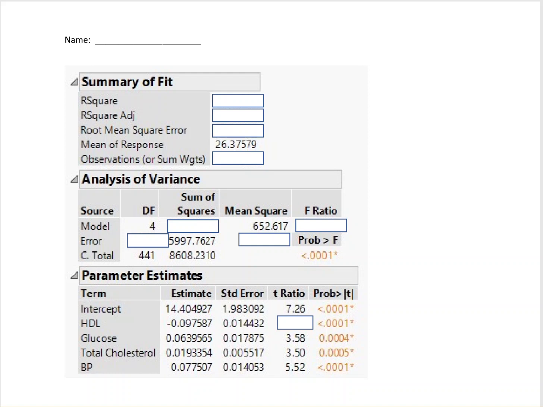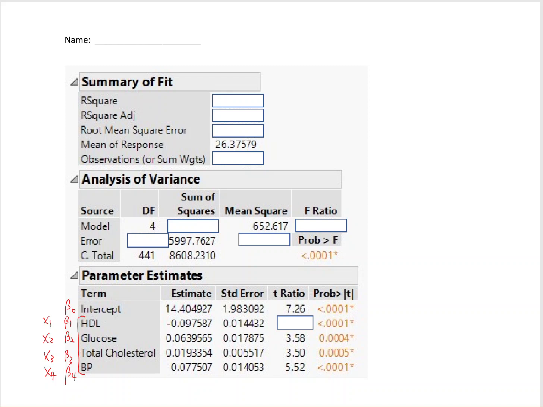The intercept is always beta 0, and then we have 4 explanatory variables, x1, x2, x3, x4, and the corresponding coefficients will be beta 1, beta 2, beta 3, beta 4.